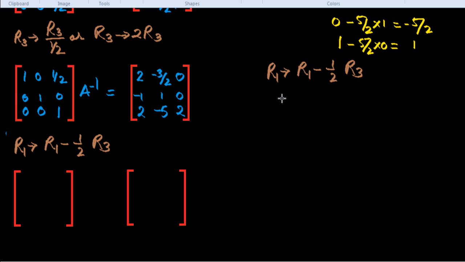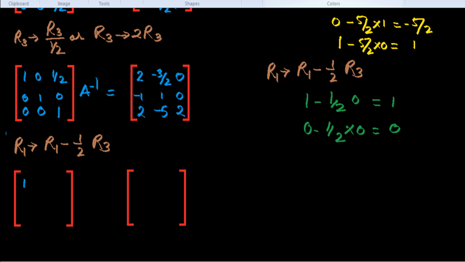R1 is 1 here, minus 1 by 2 R3 is 0, it will be 1. There is no change here. This would be 0 and it is 0 here. R1 is 0 and 1 by 2 and R3 is also 0, so it would be 0.